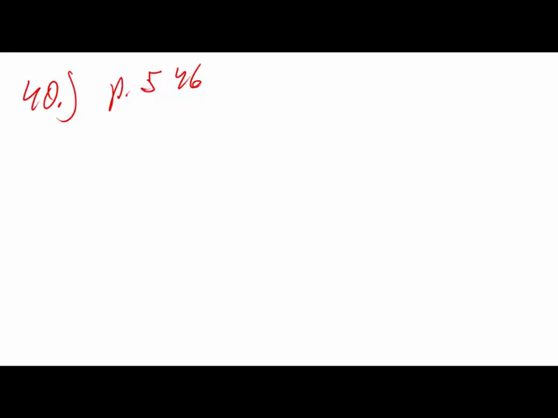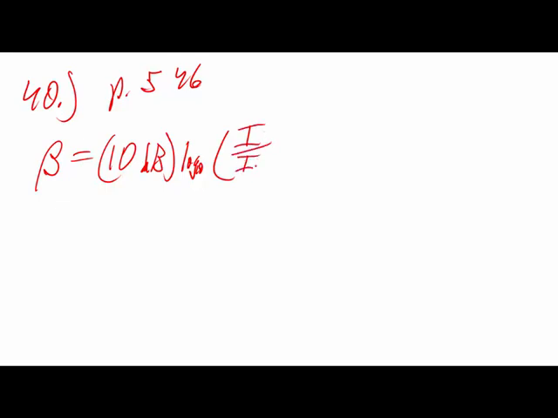First of all, we're going to look at equation 15.14, and the equation is the sound intensity level in decibels equals 10 dB times log base 10 of the intensity over the threshold intensity, I over I naught. And we just plug everything in.